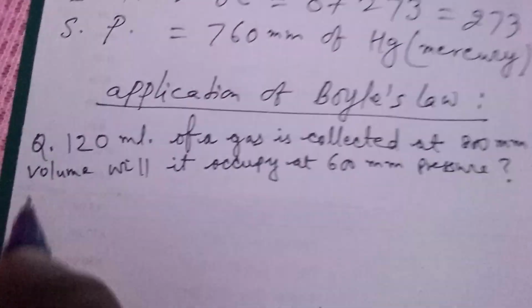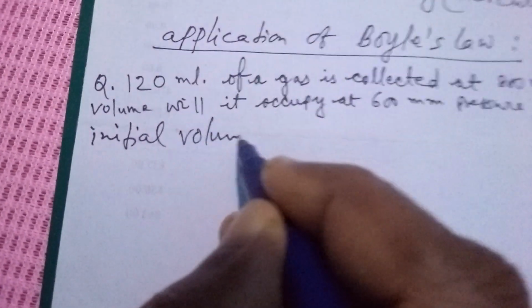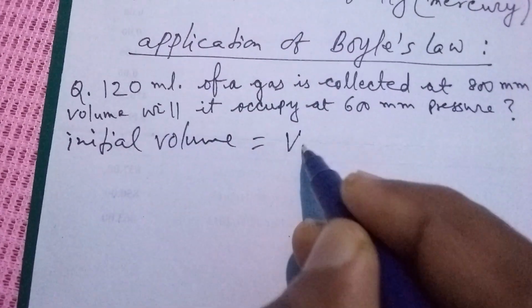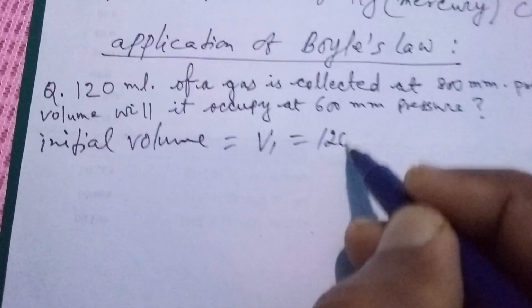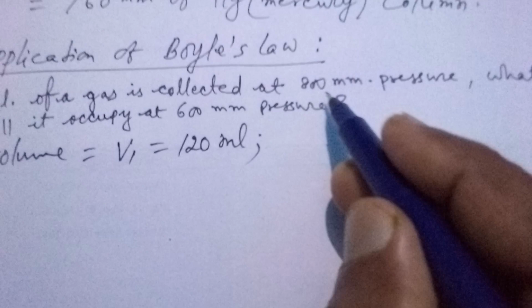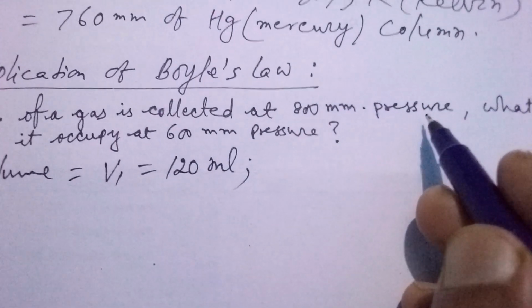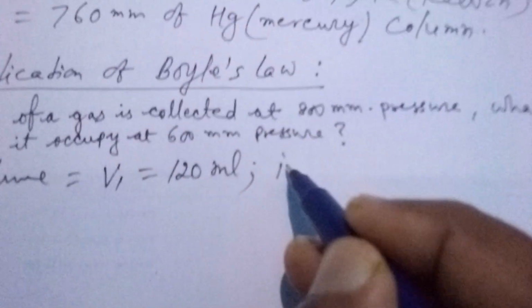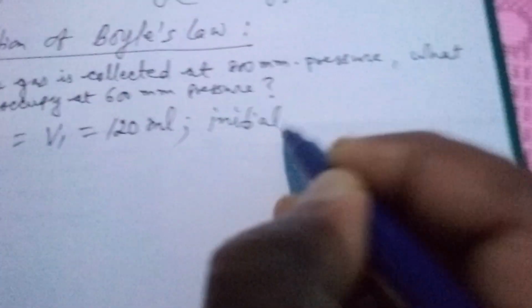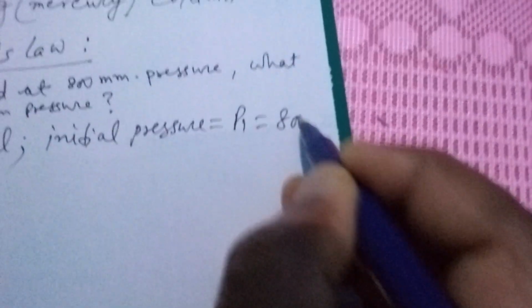That means this is the initial volume, and that is V1. So this is 120 ml. Collected at 800 millimeter pressure. Then what is this 800 millimeter pressure? This is initial pressure, and that is P1, and that is 800 mm.